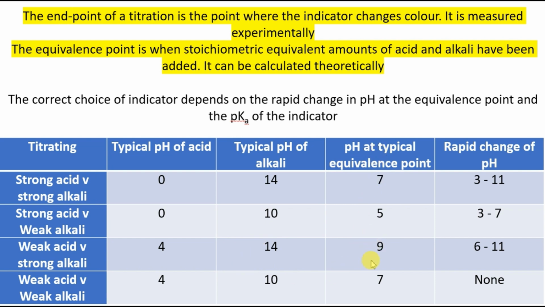The pH at the equivalence point, let's say somewhere around 9, and the rapid change in pH over the set of values 6 to 11. If the rapid change in pH for the four different types of titration doesn't make perfect sense, I suggest you check out the video on pH curves.